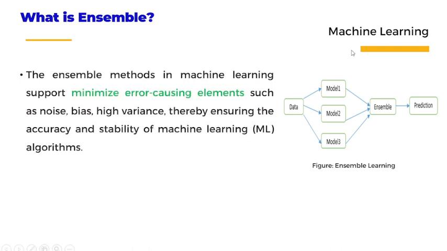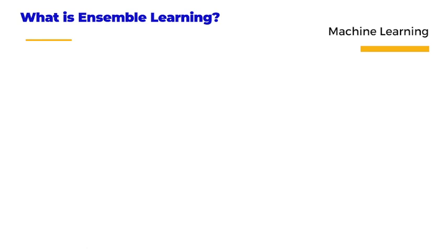The ensemble method in machine learning helps minimize error-causing elements such as noise and high variance, thereby ensuring the accuracy and stability of the machine learning algorithm.